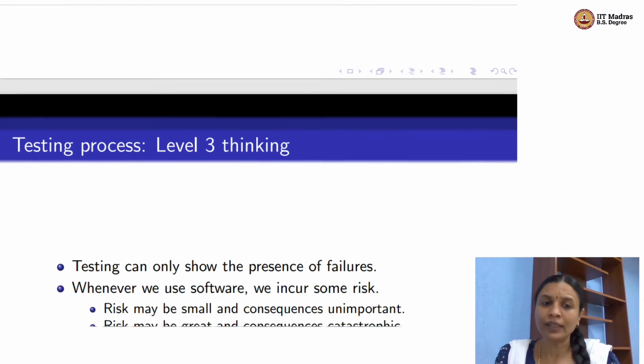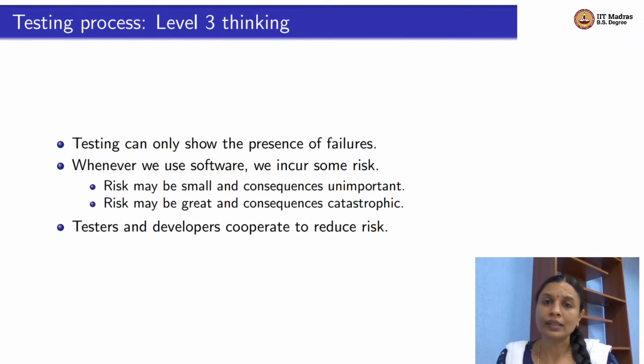The next is level 3 thinking, where testing is consciously considered by everybody, both developers and testers, as a robust technique that is known to show errors and bugs, known to detect faults. So everybody is aware of the fact that when I write code, when I run the code, I am taking some risks. The code is bound to have errors. The earlier I find them, as and when I'm writing, as and when I'm testing, the better it is.